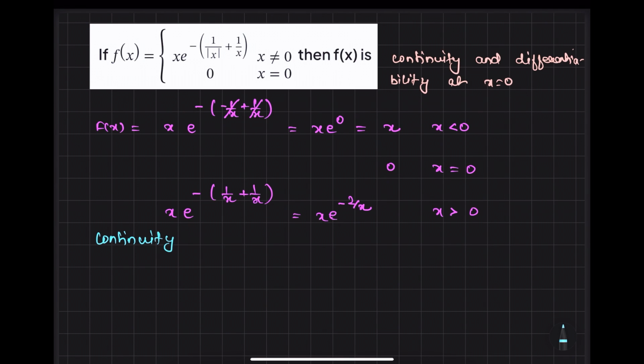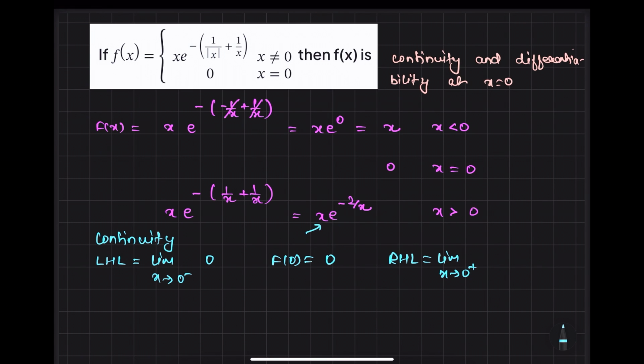Okay, so for continuity we will talk about LHL, limit x tends to 0 negative. So you have to substitute 0 over here. So this thing will become 0. LHL is 0. Then f of 0 is 0 already. Then we have to talk about RHL. So we have RHL equals limit x tends to 0 positive.